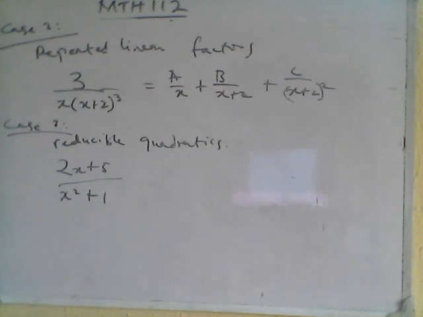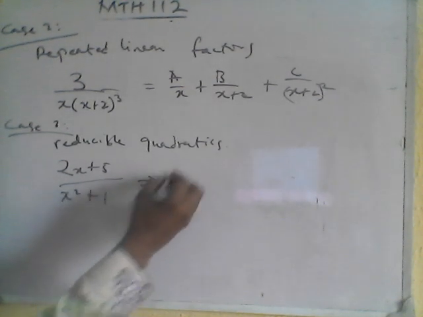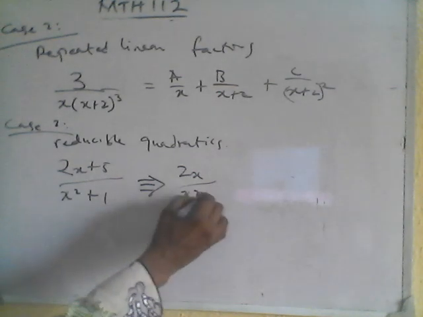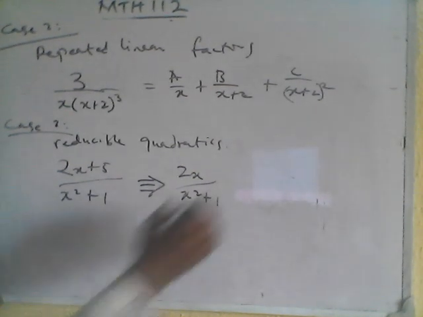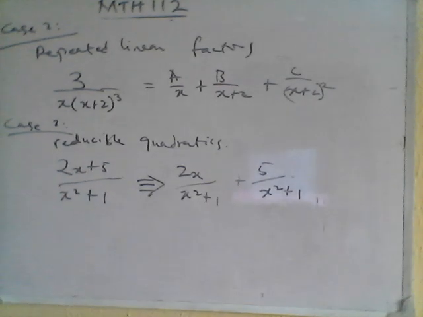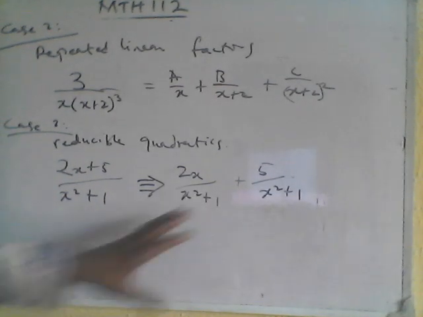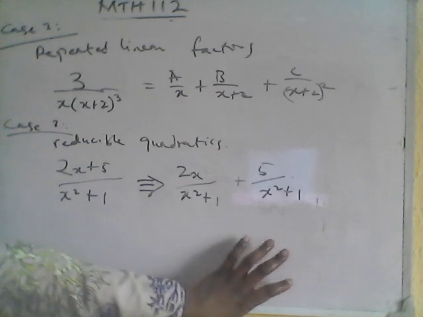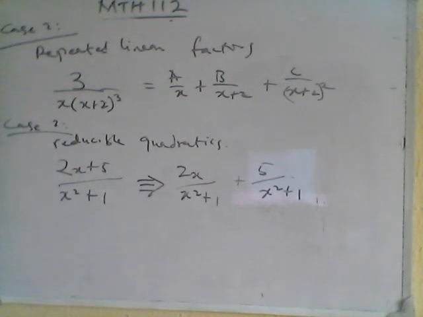We can split this to be something like 2x over x squared plus 1 and 5 over x squared plus 1. Once you have done that splitting, you can integrate separately: integrate the first term using substitution, and integrate the second term, and you get arctan of x.